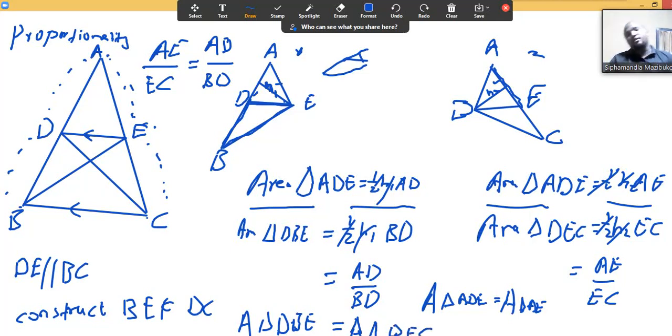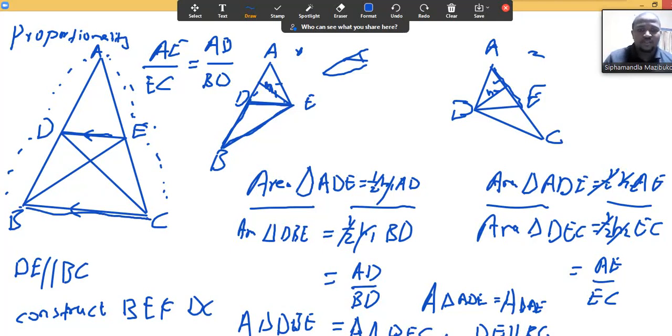What might be the reason for that? The reasoning is simple, because DE is parallel to BC. So the area is the same because of these parallel lines here. These two are parallel, so they have the same base and they share the same height.